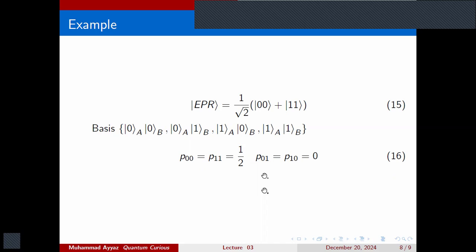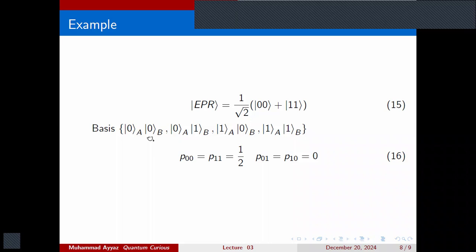We have the EPR state, which is a very famous state, and it is also called the maximally entangled state. We want to calculate the probabilities of the outcomes of the measurement associated with the computational basis. So we have both bases in the standard basis for systems A and B, and we calculate the set of bases by taking the product of the basis of system A with the basis of system B. We get a set of four elements.